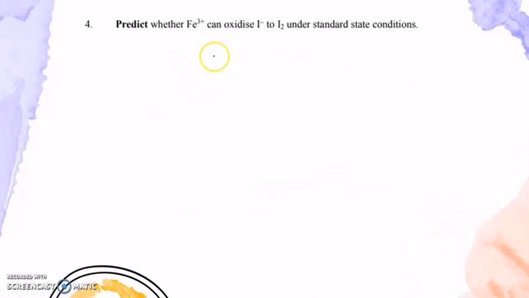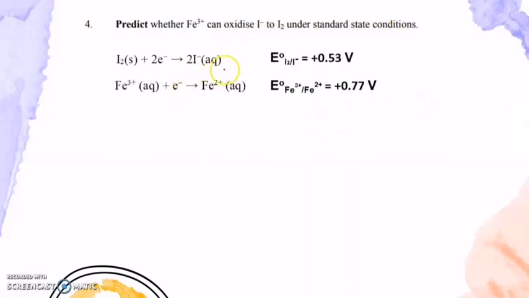The next question, predict whether Fe3+ can oxidize I- to I2 under standard state conditions. Okay, in this question, first we have to refer to our E° value from the SRP table.